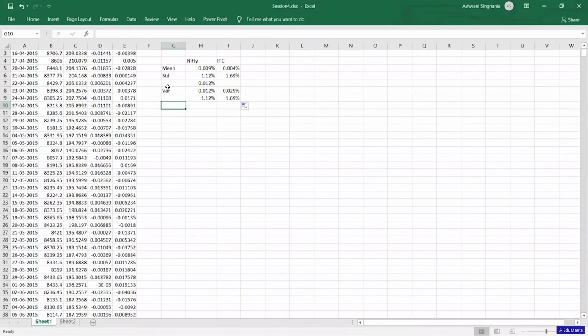Other functions include mean, median, and mode. We have already seen mean, so let's look at mode and median. Let's discuss what mode is. Suppose I put a few numbers over here.